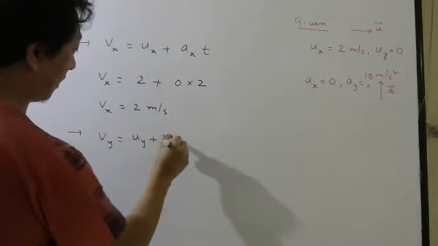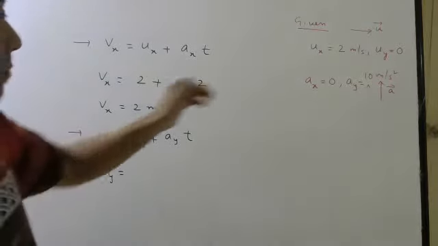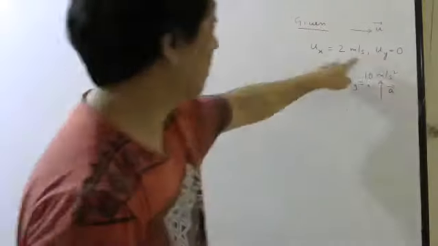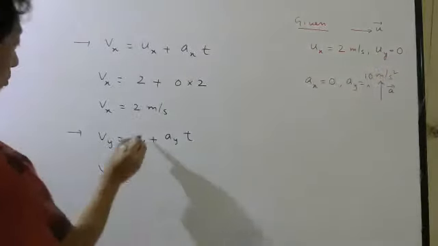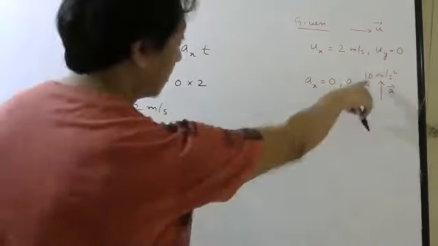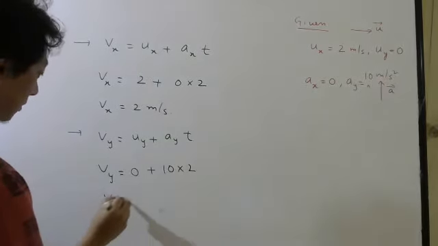Uy plus ayt. Since the particle is thrown horizontally, y component of initial velocity is 0. Acceleration along y-axis is 10. Time taken is 2. So Vy is 20.